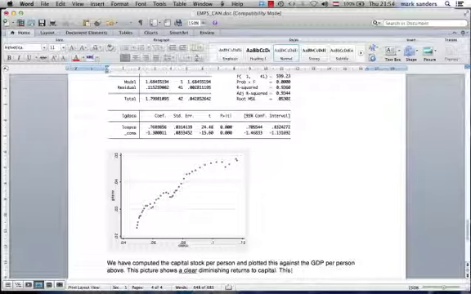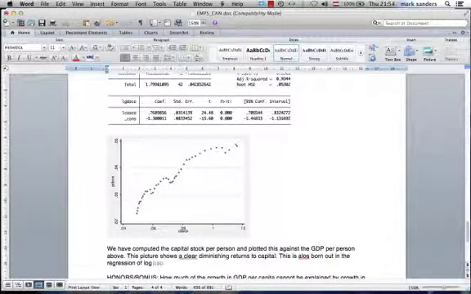This is also borne out in the regression of log GDP per person on log capital per person, yielding a slope coefficient of 0.768.